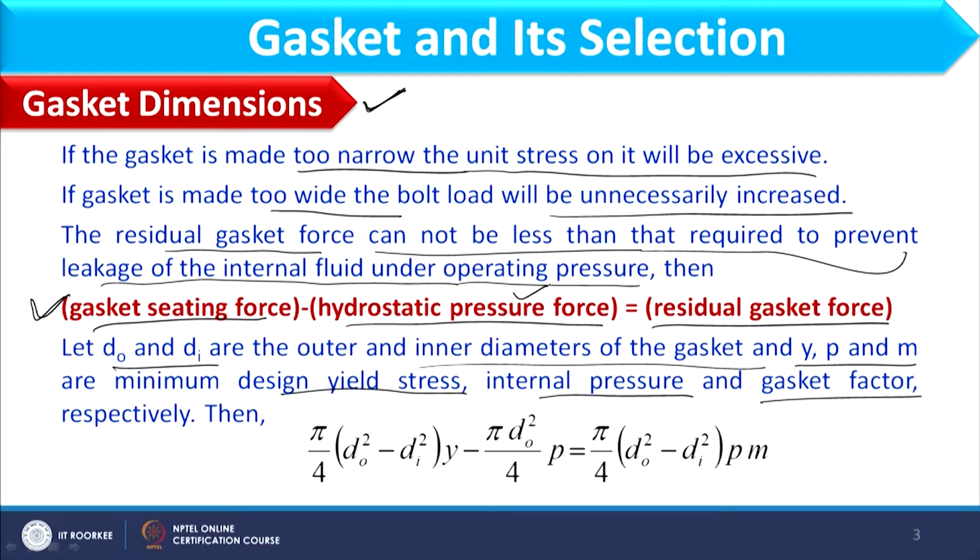Further, the hydrostatic pressure force would be pi DO square by 4 into P, where P is the design pressure and DO is the outer diameter of the gasket. If you consider the hydrostatic pressure force, it means it is considering the area up to DO. It includes the sectional area of the gasket along with the sectional area of the vessel where I am putting the gasket.